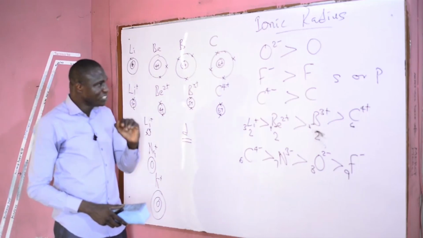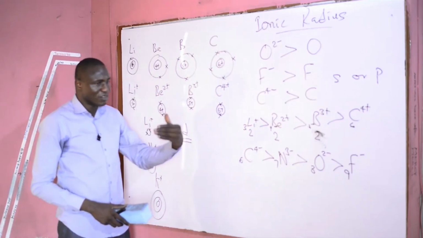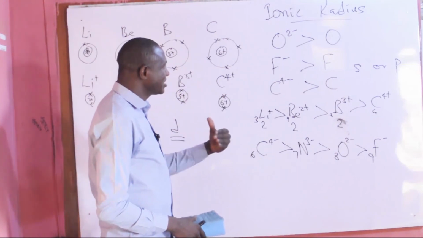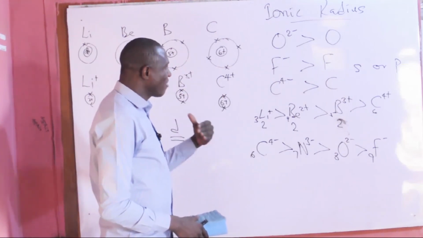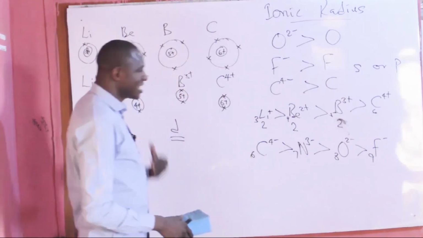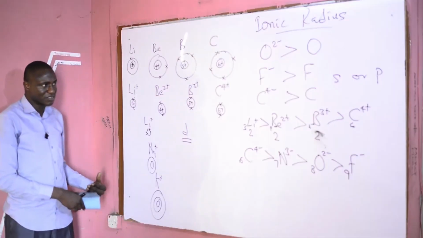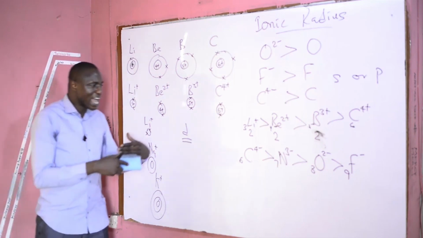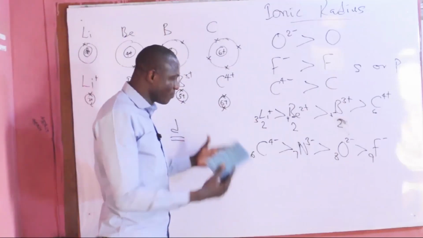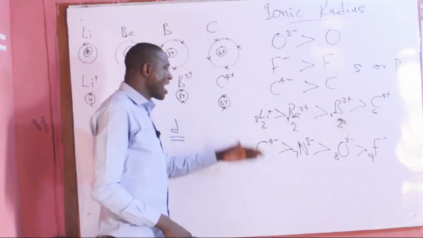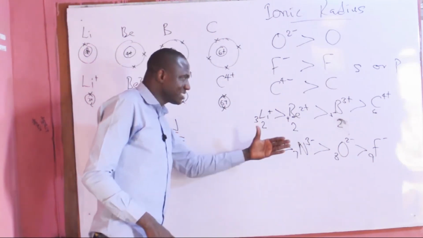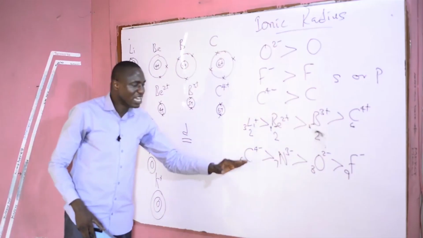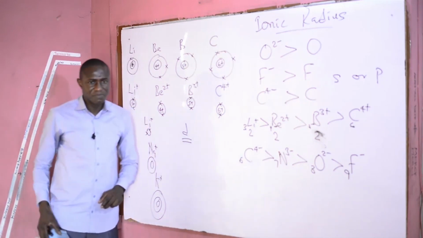So as a result of this, you are expected to be able to tell us the difference between ionic radius and atomic radius, and why cations have smaller sizes as compared to their neutral atoms, and why anions have larger sizes compared to their neutral atoms, then why anions have larger sizes than cations of the elements in the same period in the periodic table.